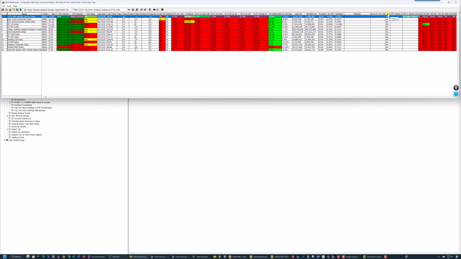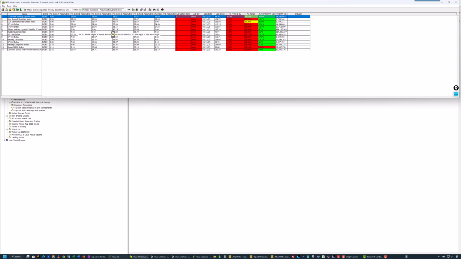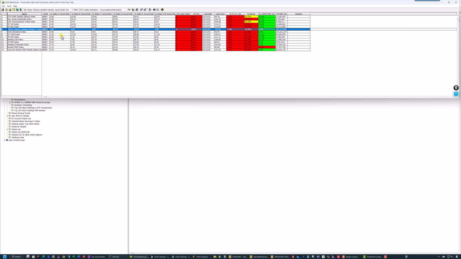Now I don't have this in the list, but I've added a couple of warehouse views here: index indicators, accumulation, distribution, and it shows how the accumulation breaks down within each of these indexes.